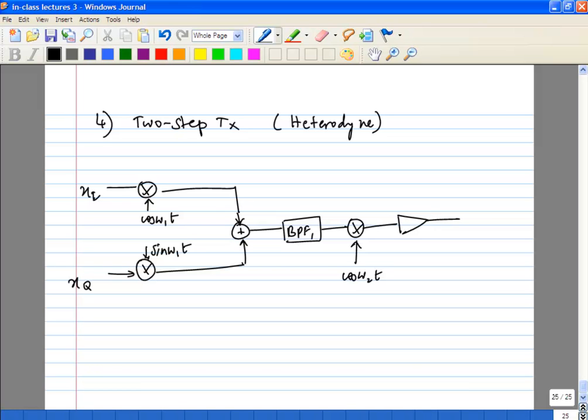Okay, you can do this. And of course, you may also need a band pass filter here again. Okay, so first you do this, this is your first step, this is your IF, and then you convert again. Omega 1 and omega 2 are quite different from omega PA. I'll just put it as much greater than, but yeah.